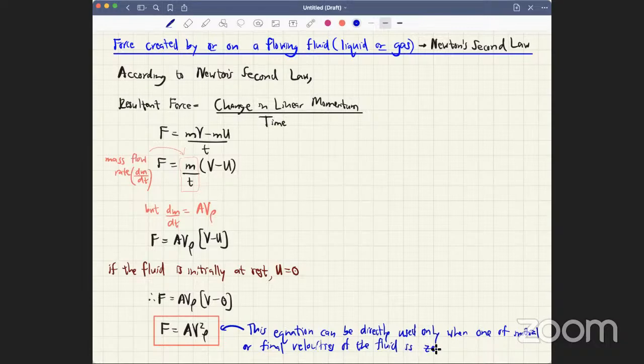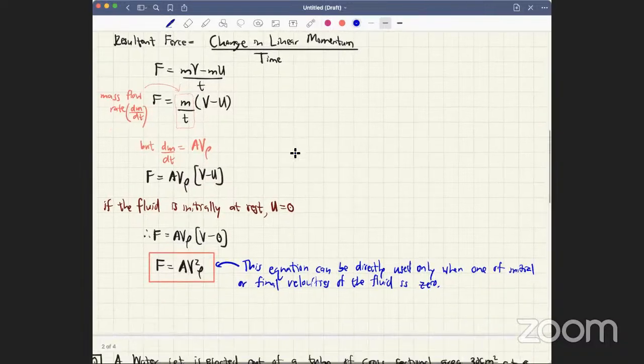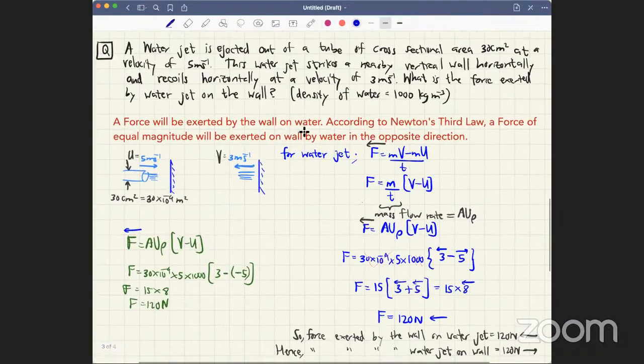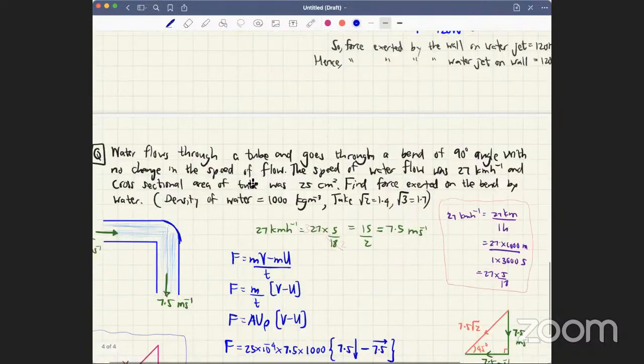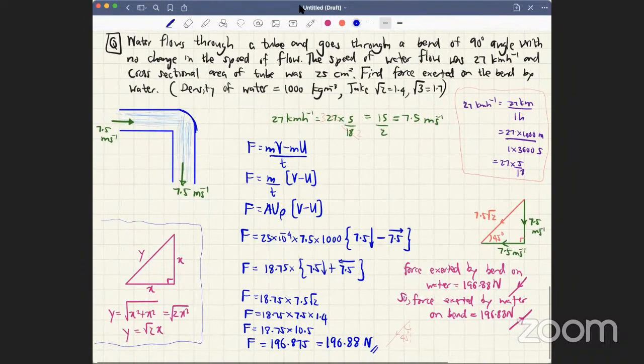Is it clear now, everybody? So let's be mindful about that. Okay. If there's a change in direction, you go back to Newton's second law and do it like we did questions in Newton's second law.